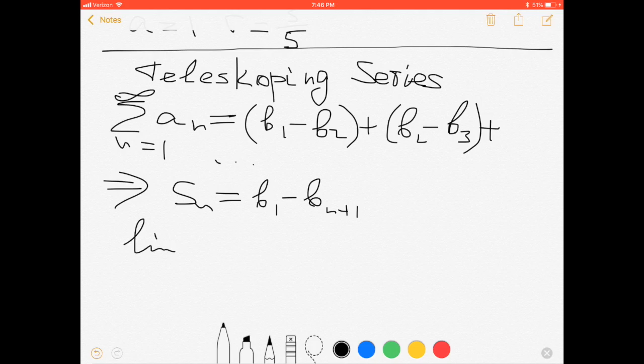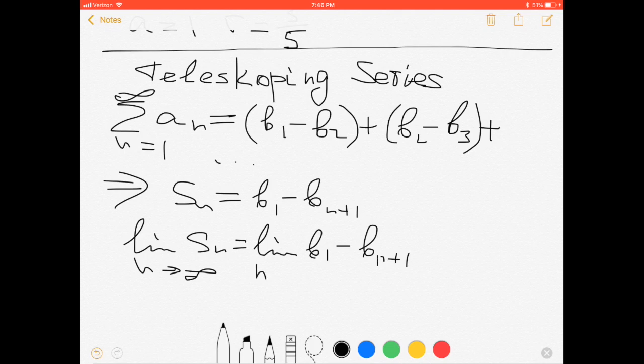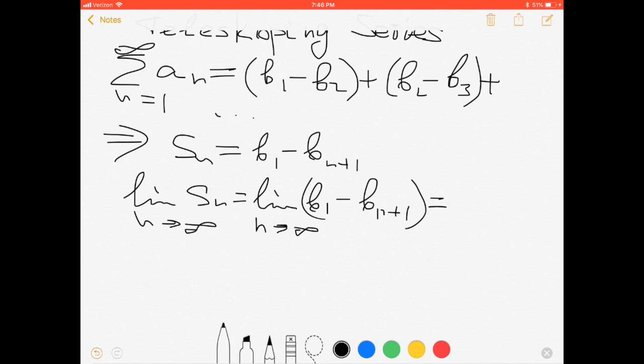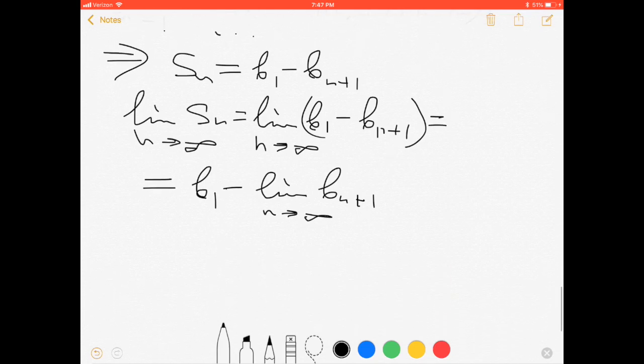This means limit Sn for n approaching infinity will be limit of first minus b n plus 1, or b1 minus the limit of the n plus 1 term.